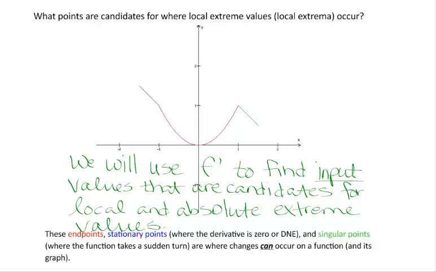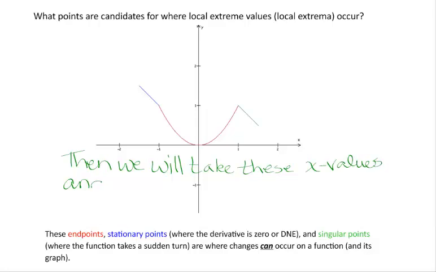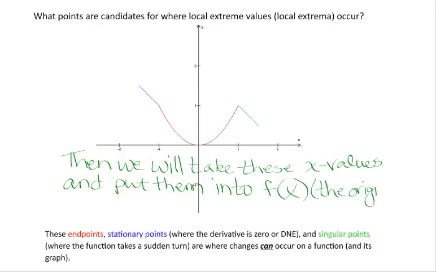What we're going to do with those candidates is then take these x values, these input values, and put them into f of x, the original function, because maxes and mins are outputs of our original function.